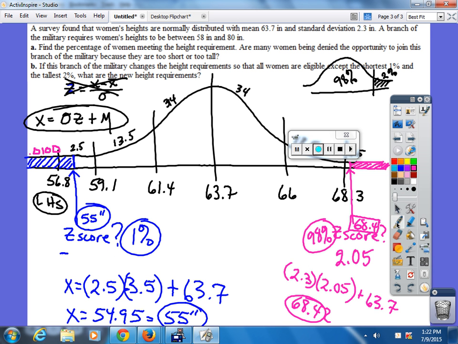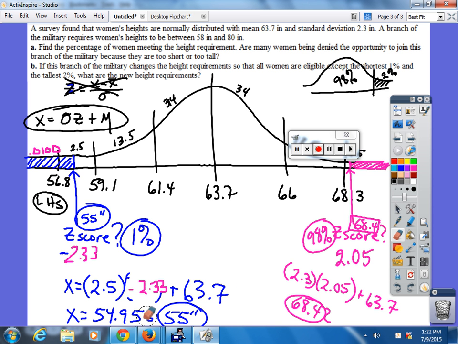So now you need to recalculate. Negative 2.33. Now we change this here. Negative 2.33. Somebody tell me what you get. 57.87%.